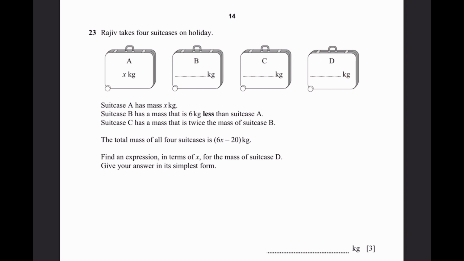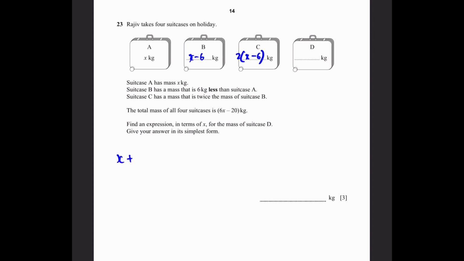Now for suitcase B, it's 6 less than suitcase A in kilograms, x minus 6. Suitcase C is 2 times suitcase B, 2 times x minus 6. Now we add x plus x minus 6 plus 2 times x minus 6 plus D is equal to 6x minus 20.